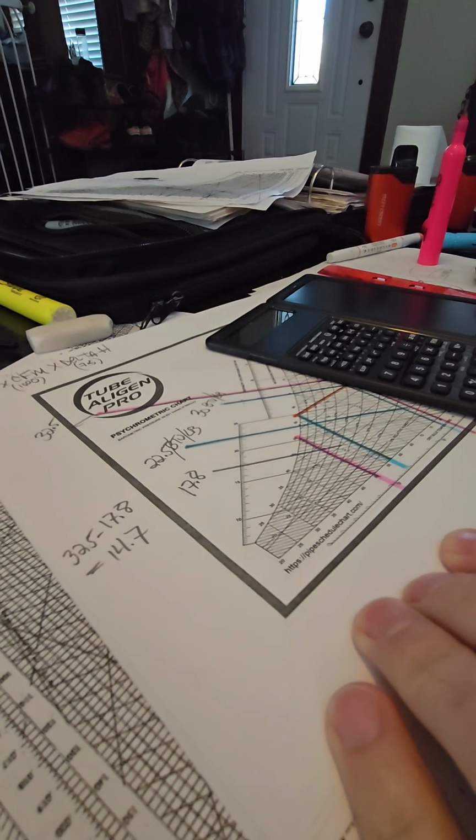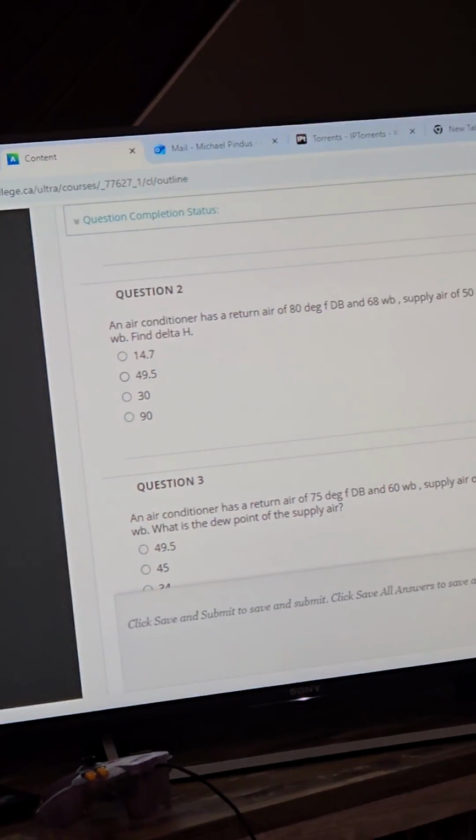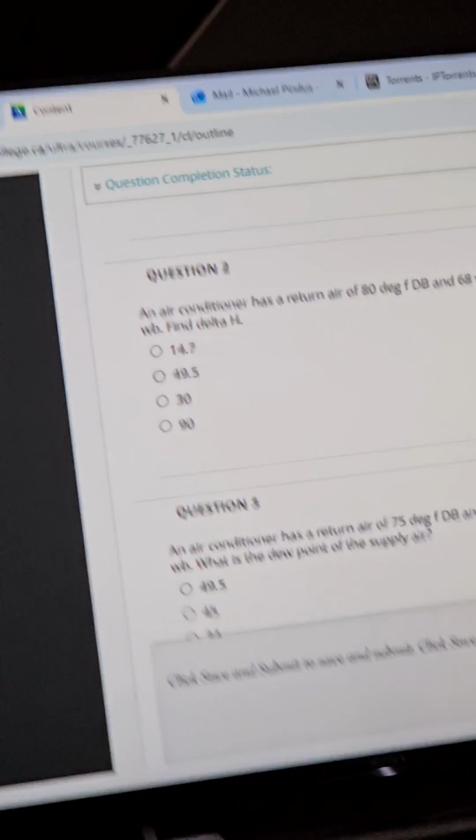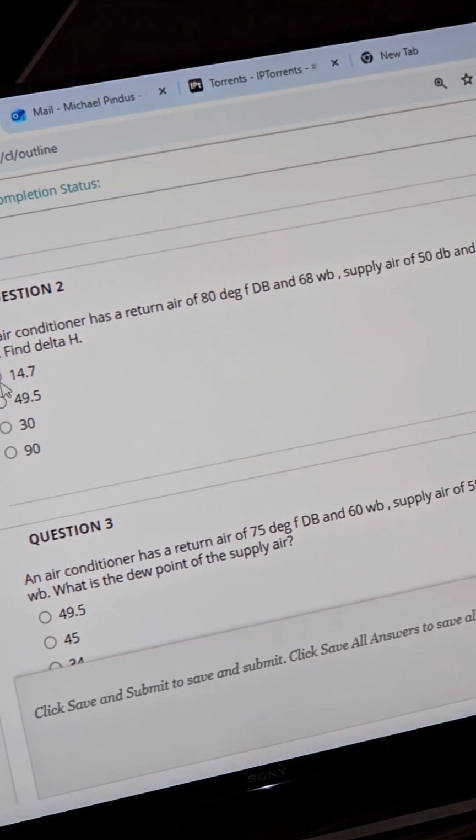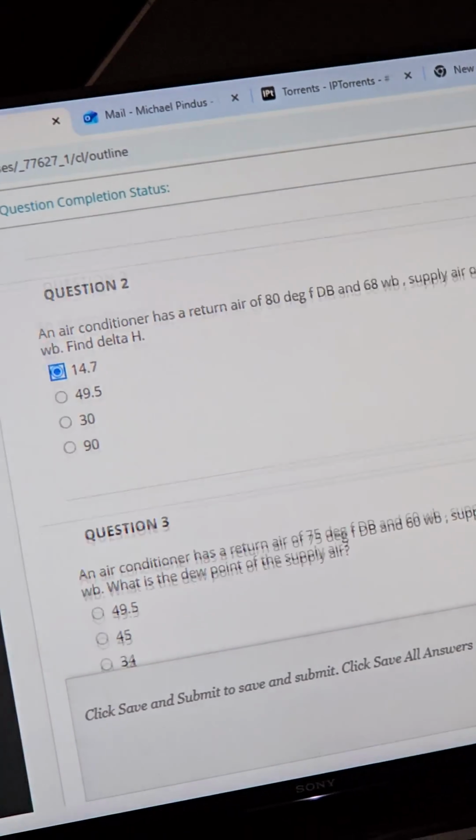Hold on. Yeah. Oh, cool. Right on the money. Look at that. Delta H, 14.7. Click. On to the next.